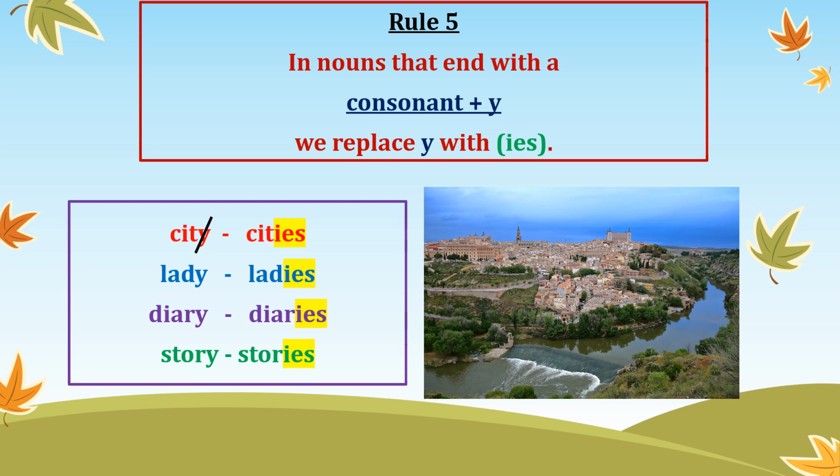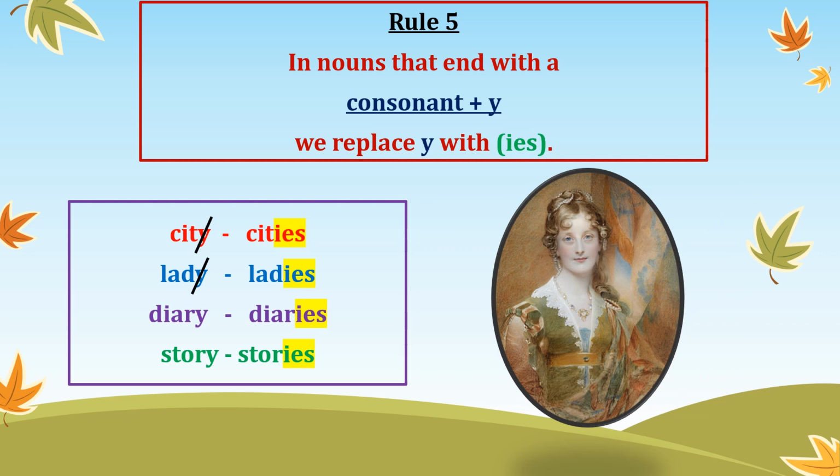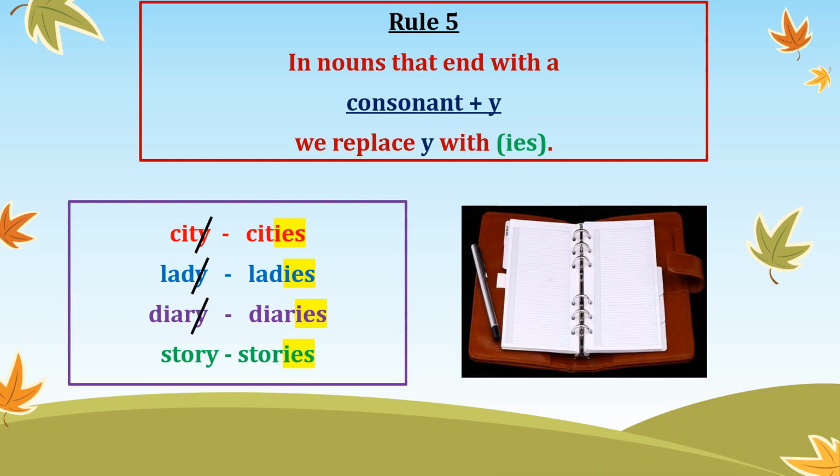Similarly, the next one, lady. Lady word is ending with a Y. And just before Y, you have D. That's a consonant. So cut Y and write IES. Same as with diary. Just before Y, you have R in the end. So cut Y and write IES. Last one, story.